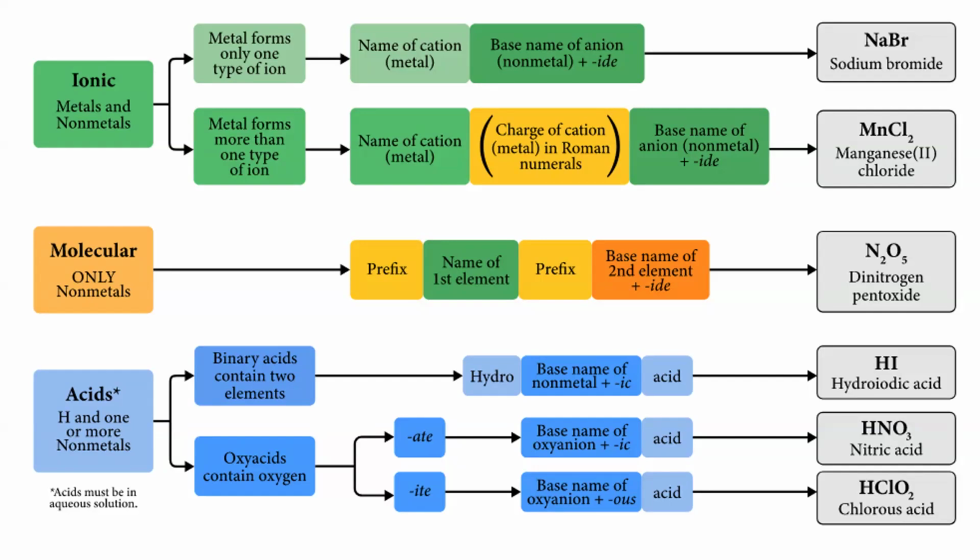So hydrogen nitrate becomes nitric acid. So ate turns to ic, and then you just say the word acid. If it ends in ite, you drop the ite and you write ous acid. So nitrite becomes nitrous acid.